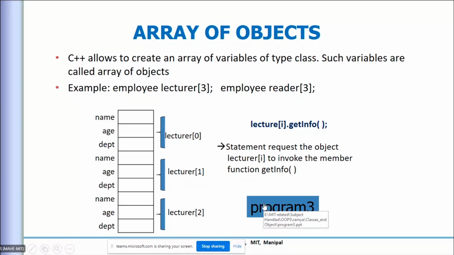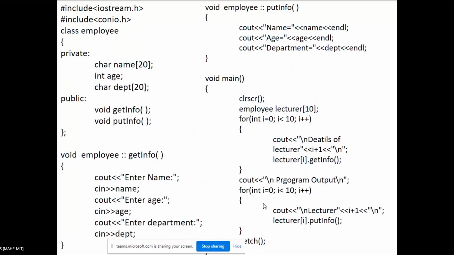Now let us take a simple example. Again I'm going with the employee. I have 3 data types which are called primary data types because they are defined by the system. But together I'm making them a class. So when I create an object of employee, it becomes an object of a user defined class.